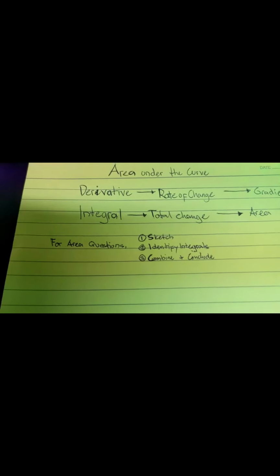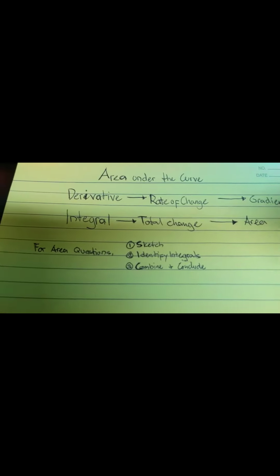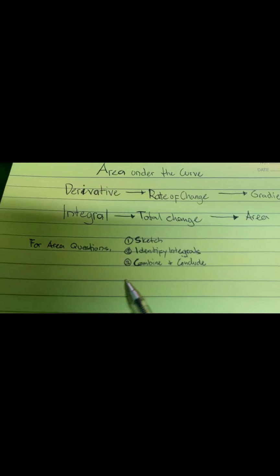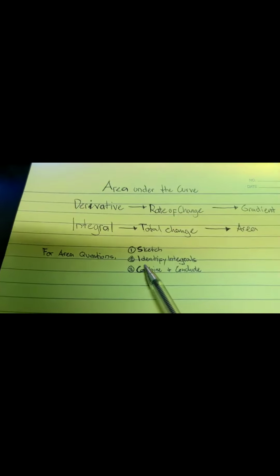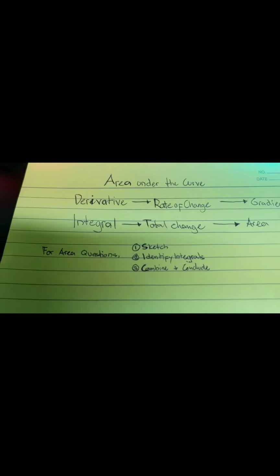For the area question, we have a 3-step approach that you can use, depending on the question. For area you can be SICk: S for sketch, I for identify integrals, C for combine and conclude.